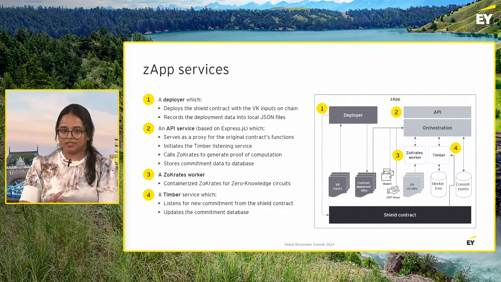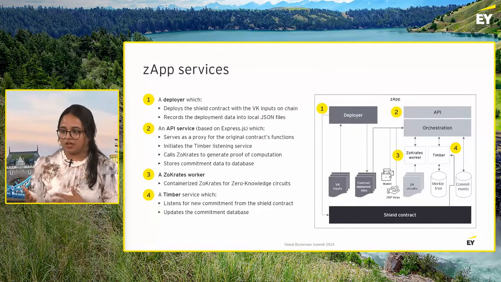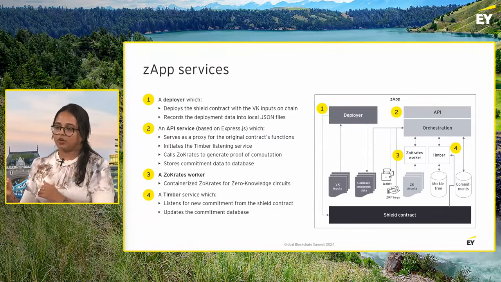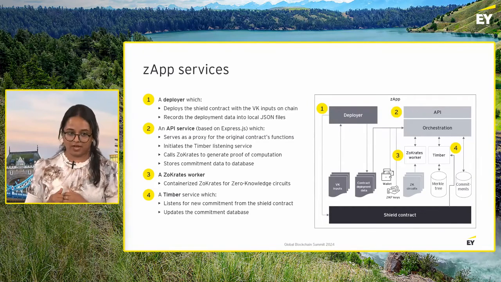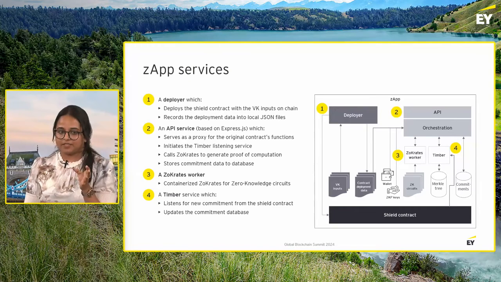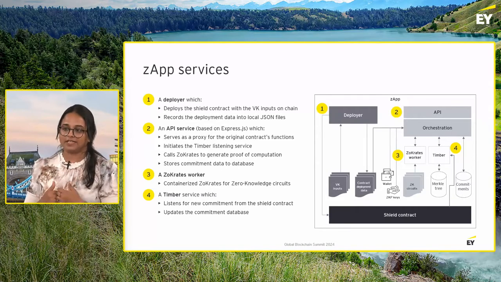The next service that we have is the API service. For each function in the original smart contract, we have an API service which the users can call to interact with the smart contract. An API service also calls the Socrates to generate proof for the computation if the function involves any secret.